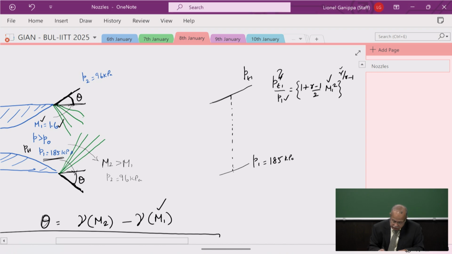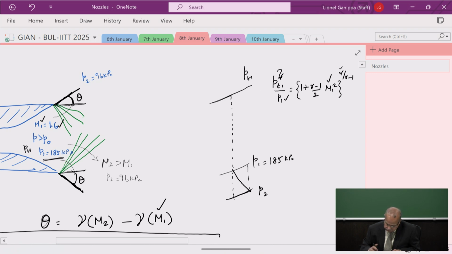Now the pressure at the exit is P2. The beauty here is that it is expanding isentropically, so there are no losses. If there were losses, we would have the generation of entropy, and PT2 would lie somewhere else.